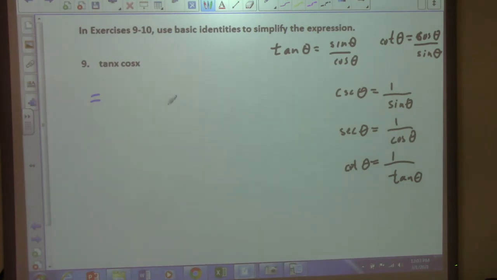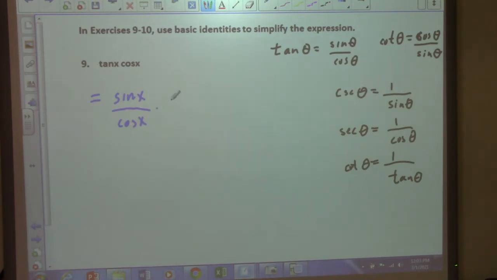Yeah, and so we do that, and it was exactly right. So we're going to rewrite this tan x as sine x over cosine x. Now one thing you have to be ready for is that you could have different letters. The identity itself will usually have theta, but here you have x.